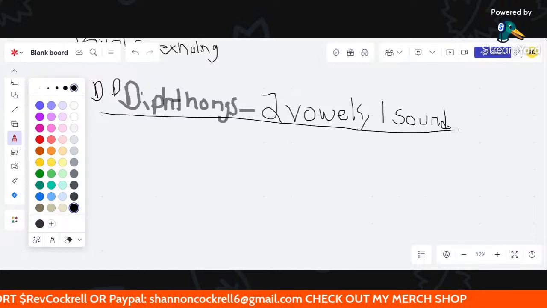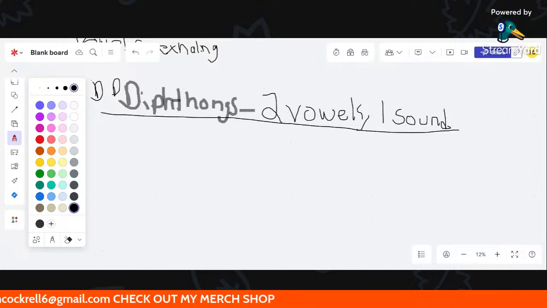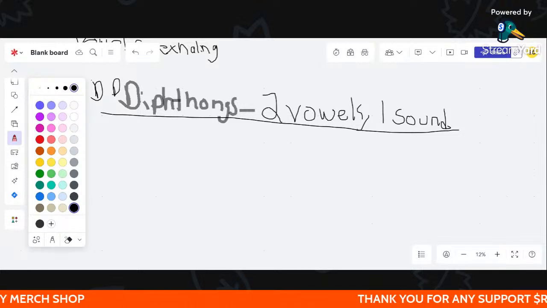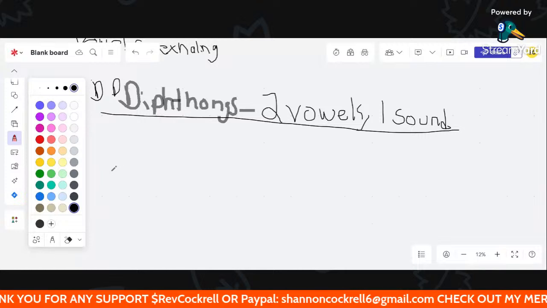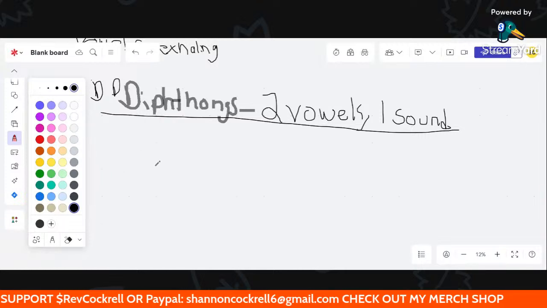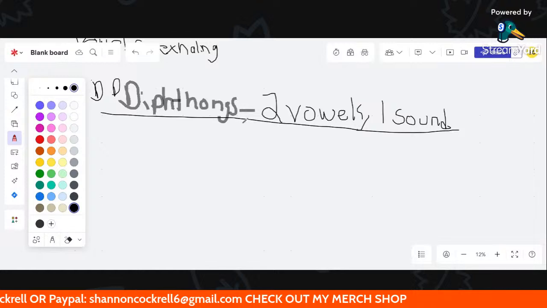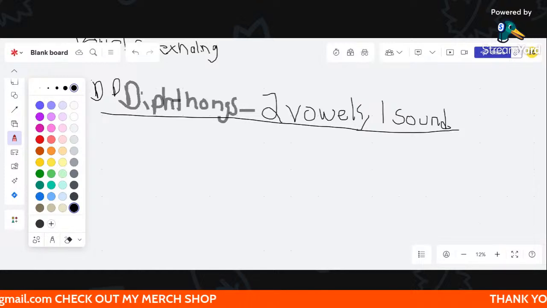Again, all of this is in chapter 1 of the book. This is on page 4, this information. So diphthongs are two vowels that produce one sound.